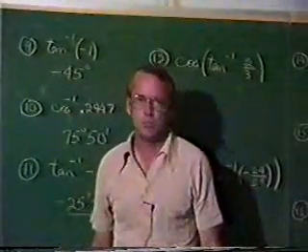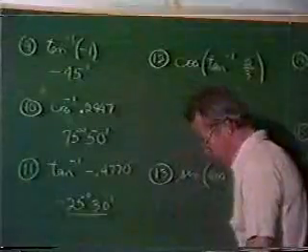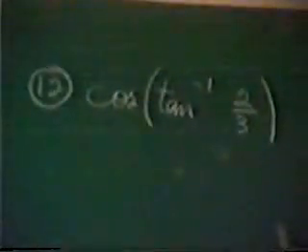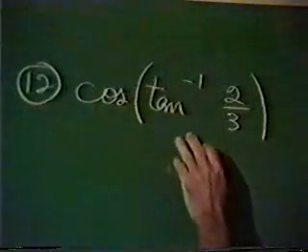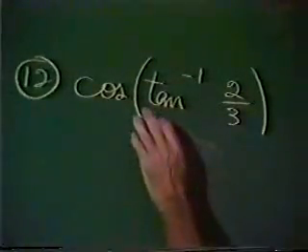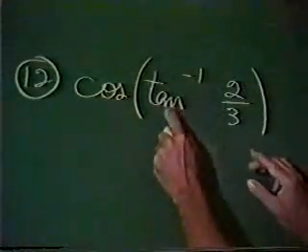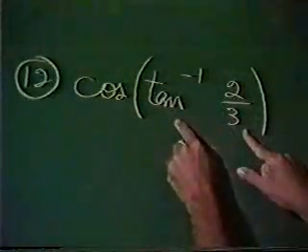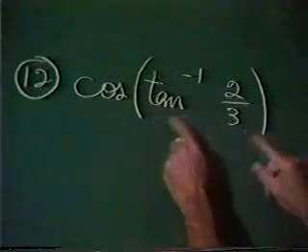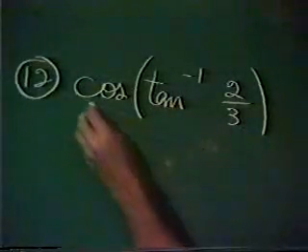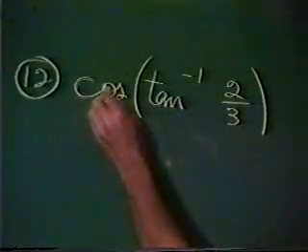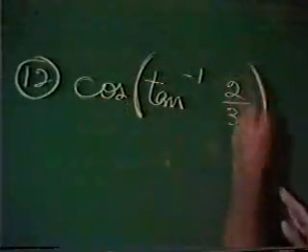Let's look now at some more examples that you'll probably have in calculus, and they're often just one step in a long problem. But let's have this: the cosine of the arc tangent of 2/3. Now here's where you need to understand. If I have the word cosine written, then what's over here has to be an angle.